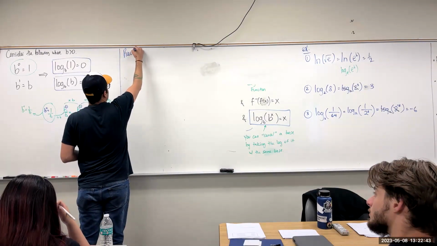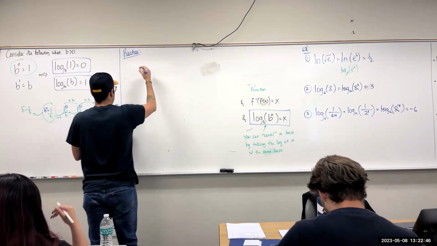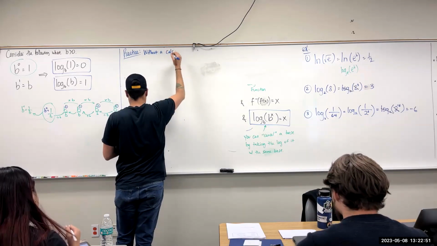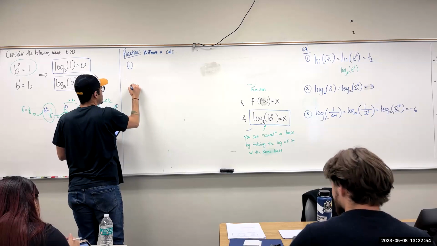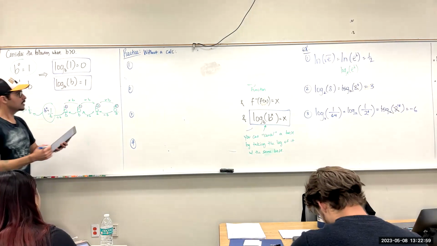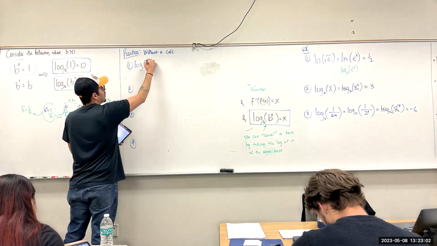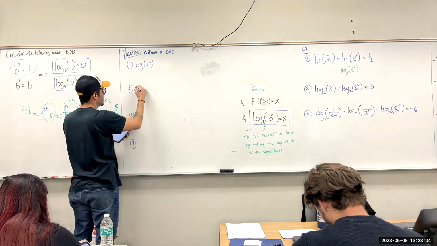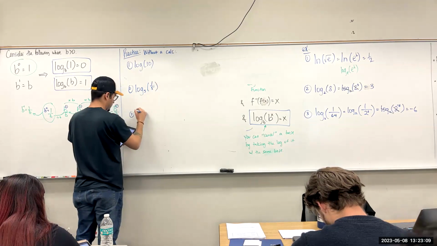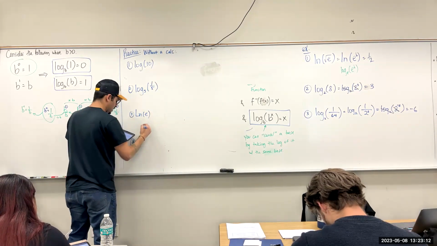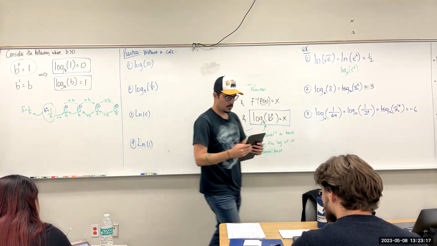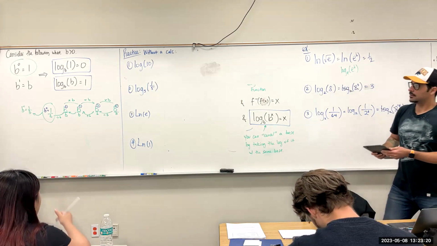All right, let me have you try just a few without a calculator. I want you to do the following ones, 2, 3, 4. Try these out on your own. Log of 10. Log base 5 of 1 over 5. ln of e and ln of 1. Just a quick little concept check there.